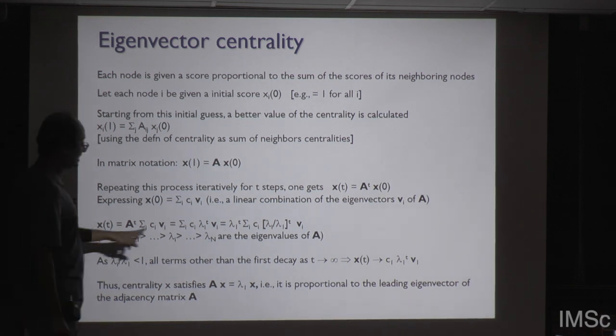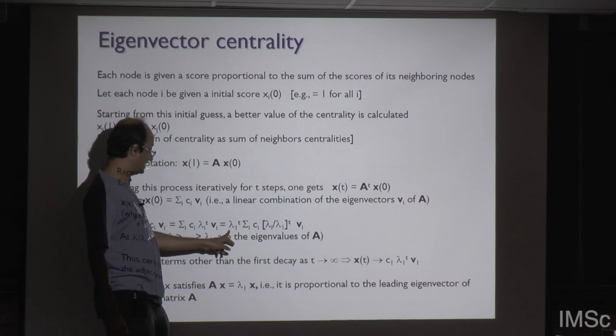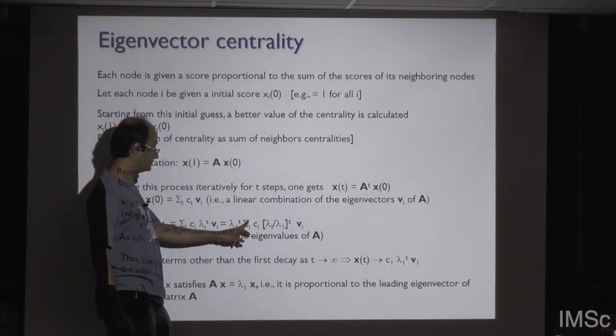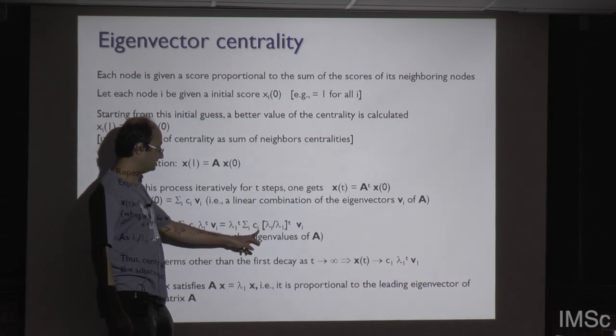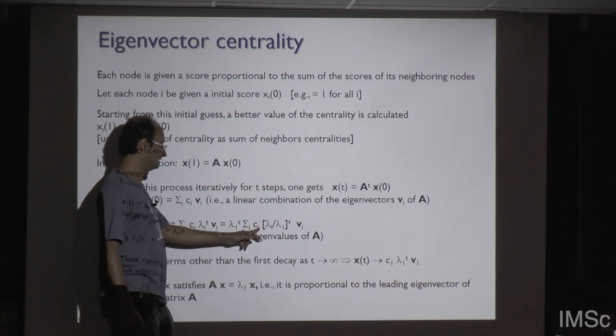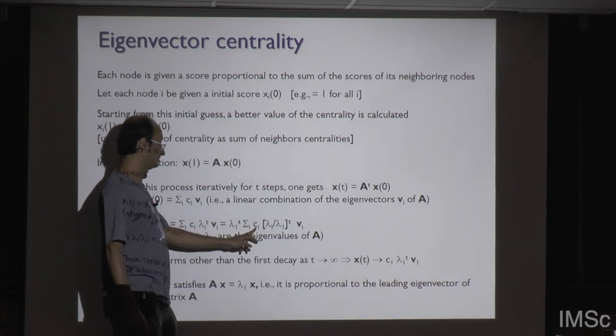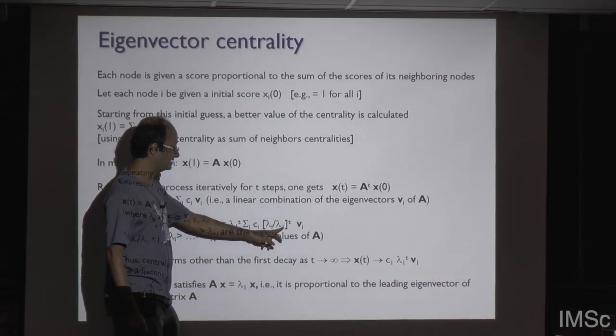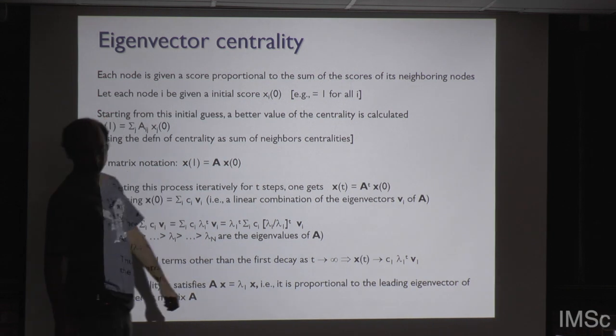So I can rewrite it by taking lambda 1, the largest eigenvalue, outside: I get lambda 1 raised to t, times the summation over i of the linear combination factors times the ratio of all the other eigenvalues to the largest eigenvalue raised to t, times Vi.